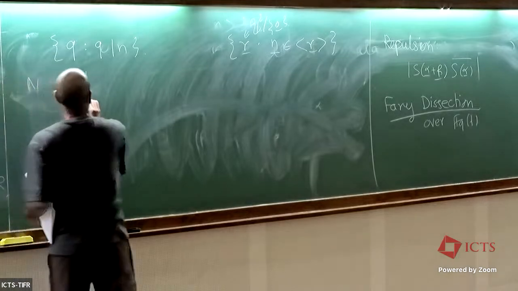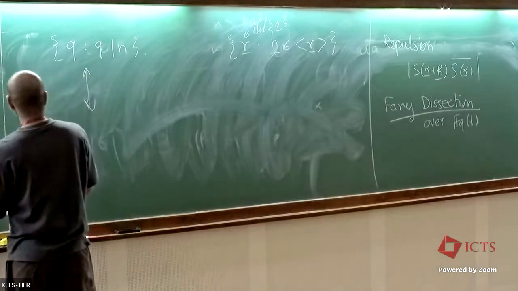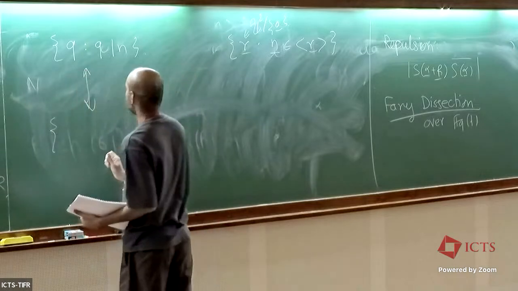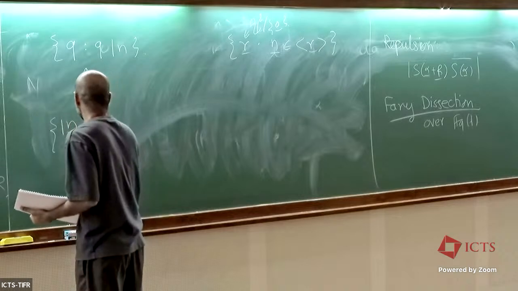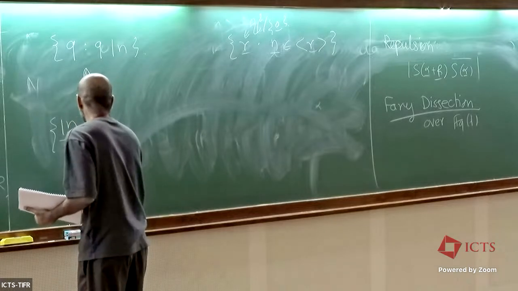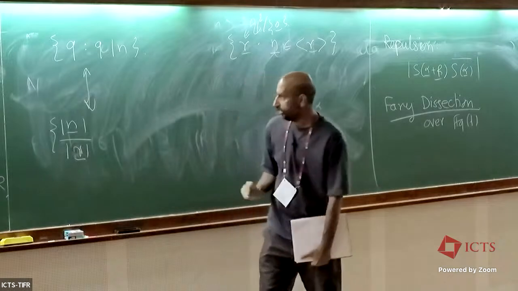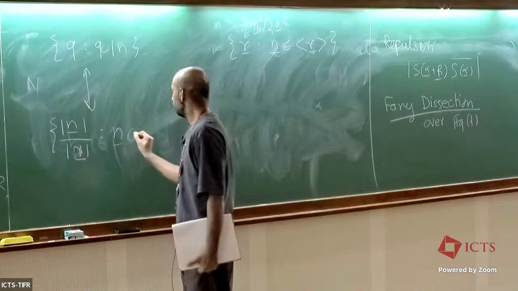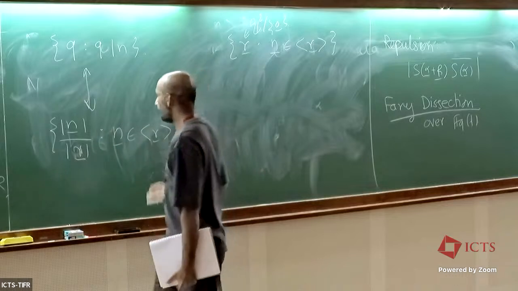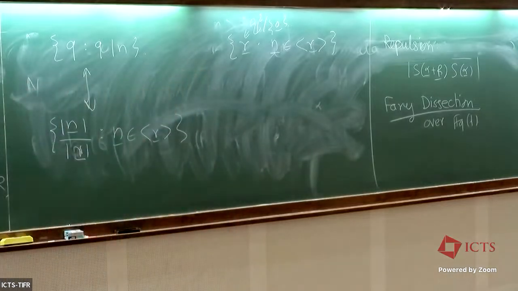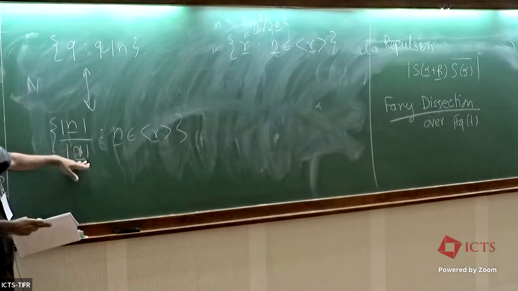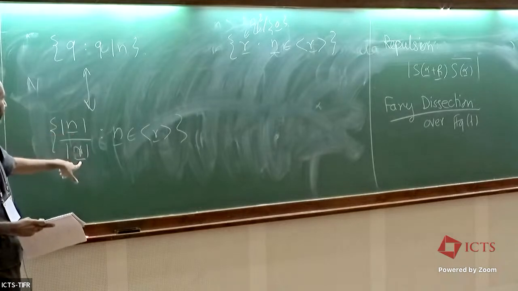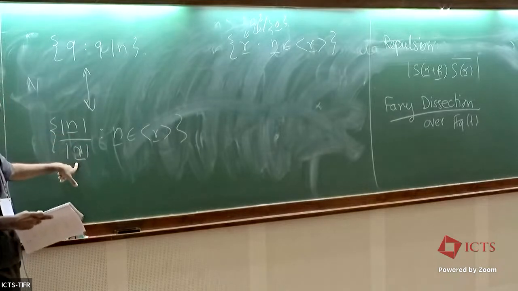So this set will be equal to, I look at all r such that n is in the lattice generated by r. And now I know that the norm of r will divide the norm of n, the Euclidean norm. So I look at the absolute value of the Euclidean norm of n divided by the Euclidean norm of r.